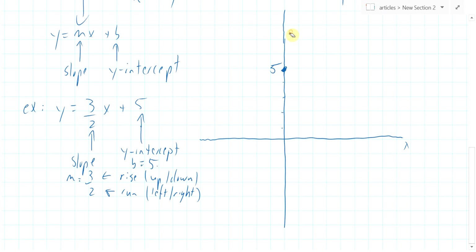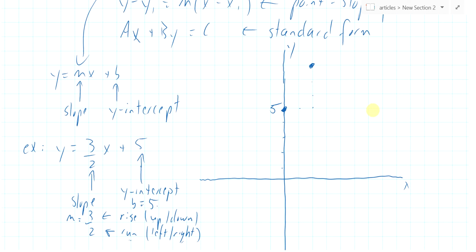Well, it's a positive slope line, so it's got to be going up from left to right. And every 2 units I go to the right, I have to go up 3 units. So I go 2 units to the right, and then I have to go up 3. And that gives me another point on the line.